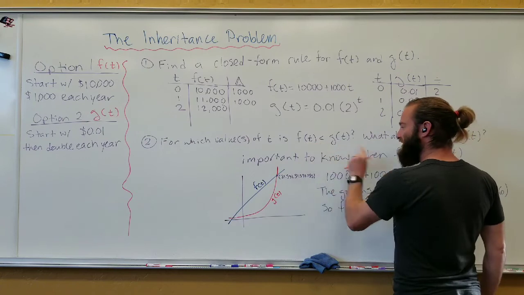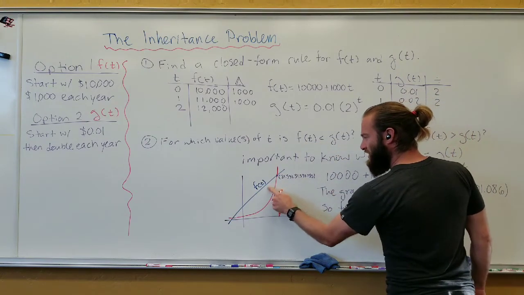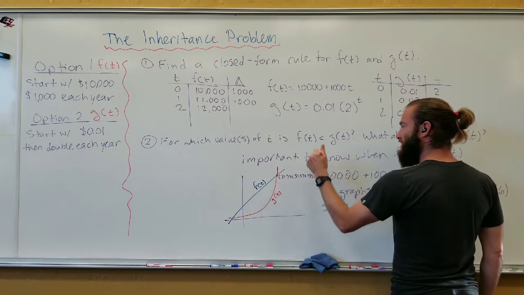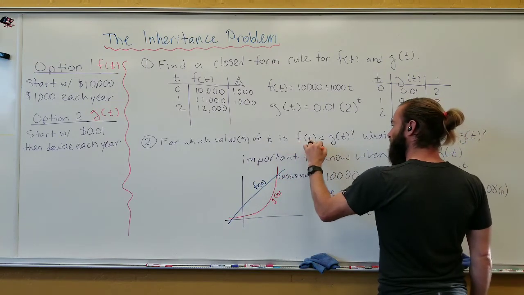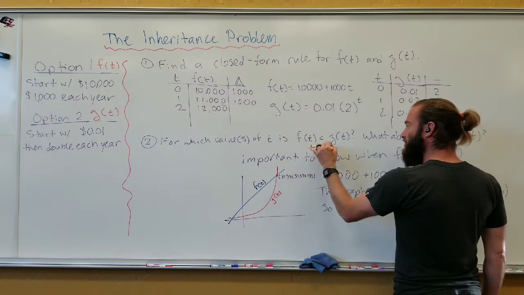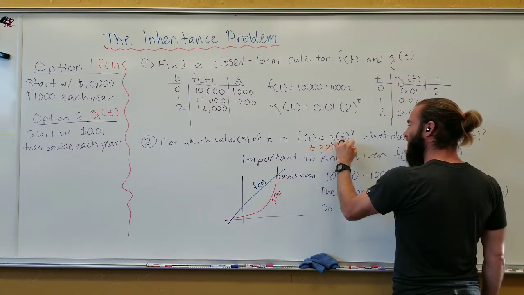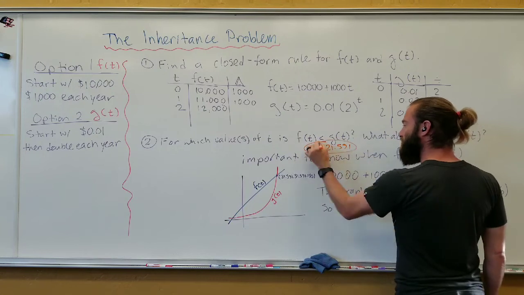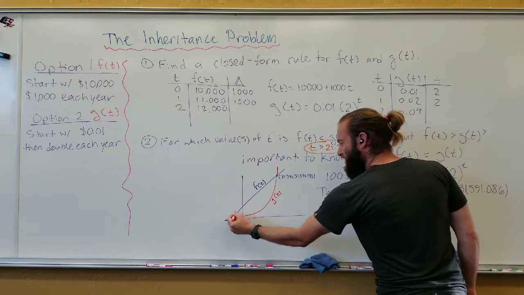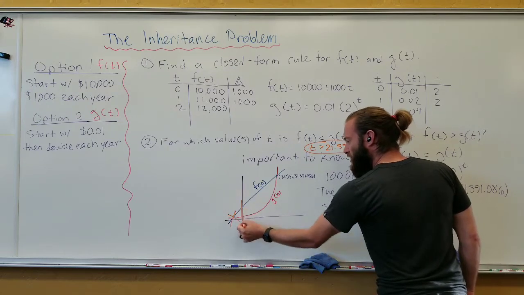When is f of t less than g of t? Well, that looks like it's after this, right? So when t surpasses 21.591, that would be the solution to this. And since we have to ignore this, it's outside of the domain here.